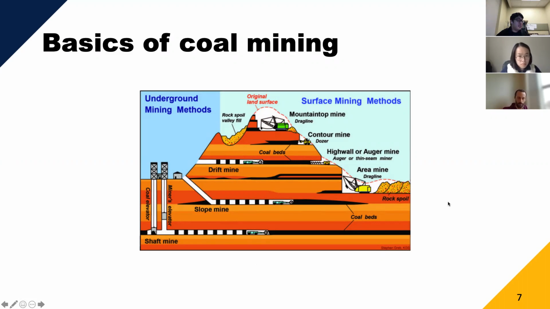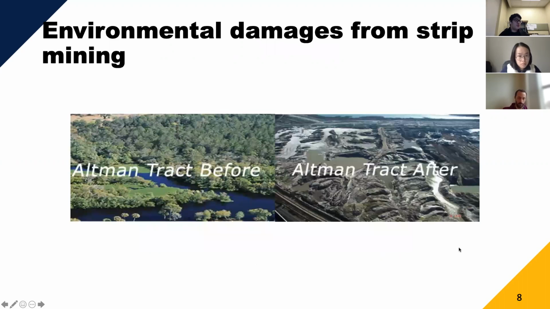There's definitely substantial environmental damage. This is one example that you can see using a technique called strip mining. We often think, especially in the energy domain, about damages associated with coal use from combustion, greenhouse gas emissions, and its effects on climate change, right?